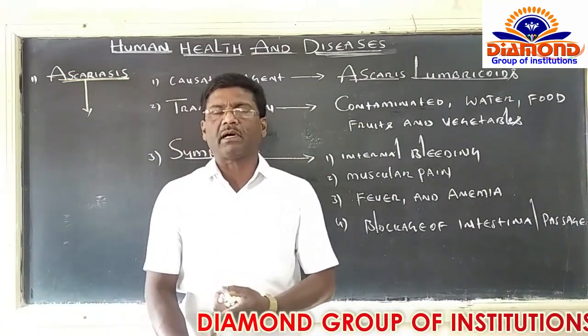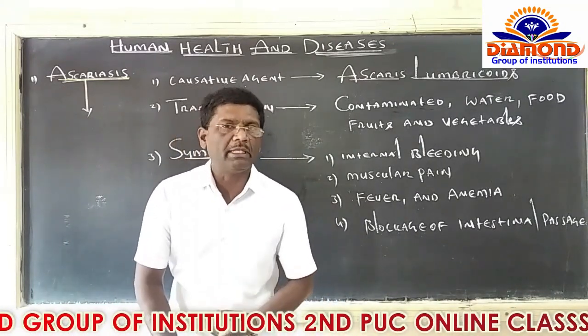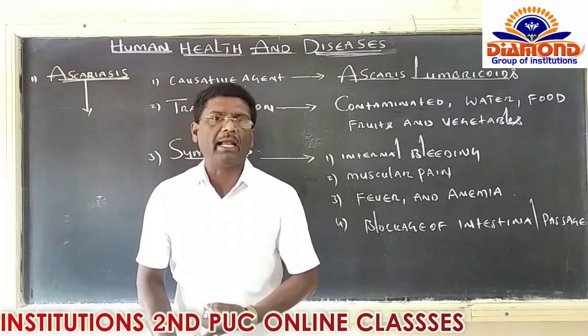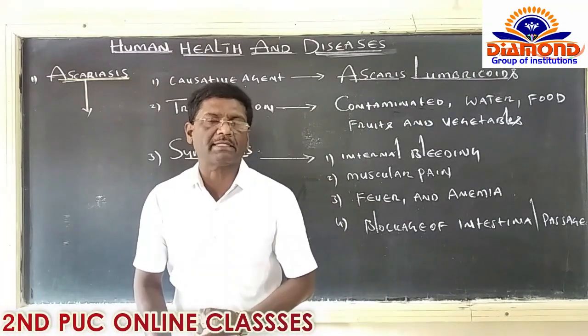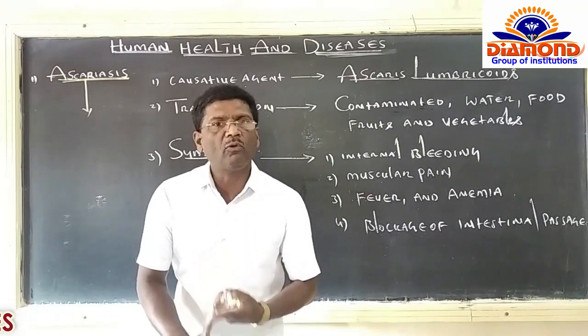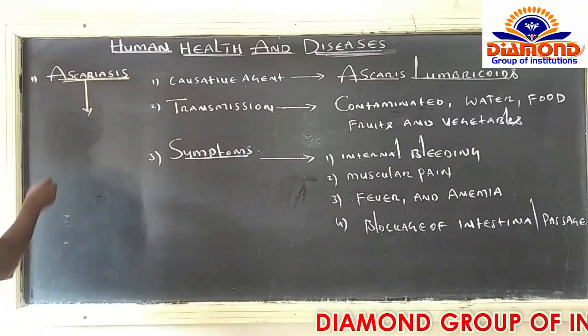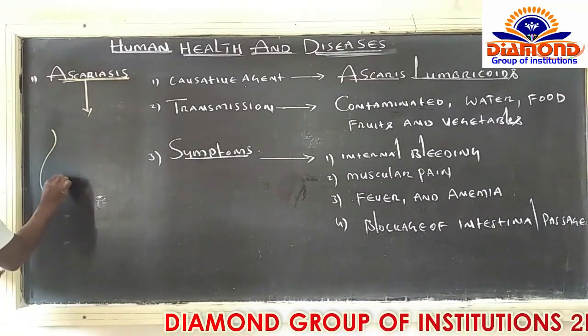Nematoda means, as you already learned in the first year, Platyhelminthes and Nematohelminthes. In the phylum Platyhelminthes, flatworms are present, and in the phylum Nematohelminthes, the roundworms are present. In Nematohelminthes, the worms are completely roundworms.